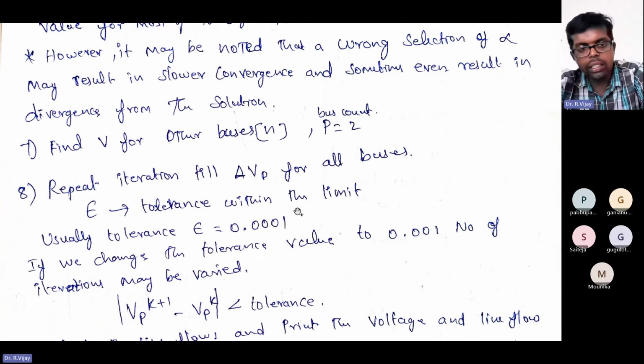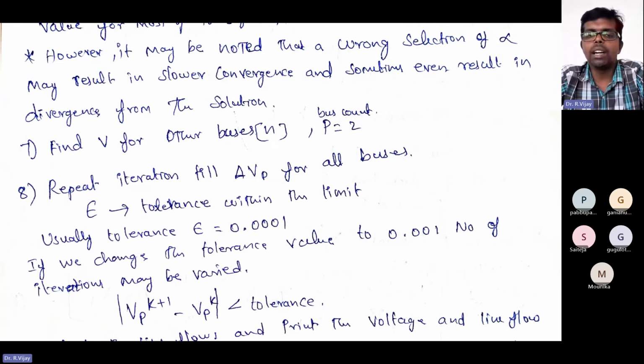If we go for a tolerance value of 0.0001 or smaller, the number of iterations might be somewhat different. The tolerance makes the program stop within a particular limit, otherwise the program will run n times. You can also choose a tolerance limit of 0.1, but the number of iterations will then be more. So generally we take the tolerance limit as 0.0001.